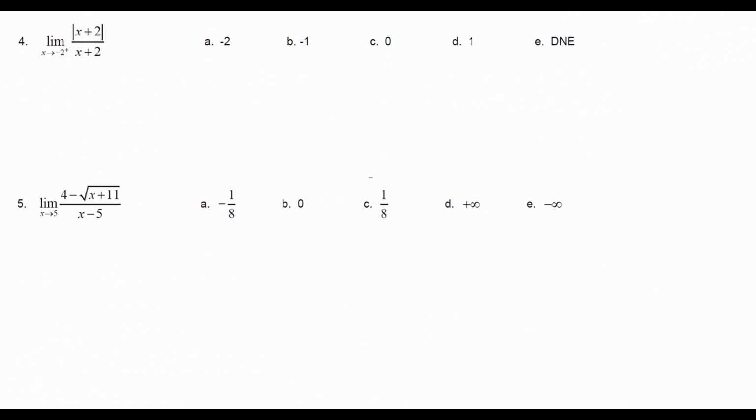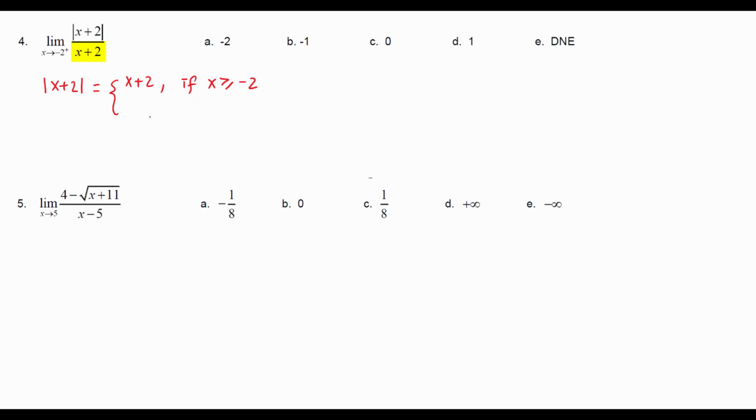Number 4. Limit as x approaches negative 2 from the right of the absolute value of x plus 2 over x plus 2. Again, we have an absolute value function, so let's rewrite it. The absolute value of x plus 2 is just x plus 2 if x is greater than or equal to negative 2.